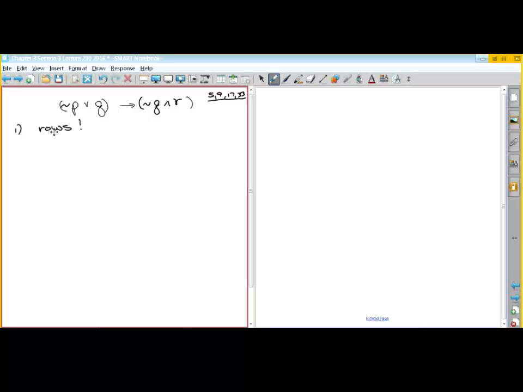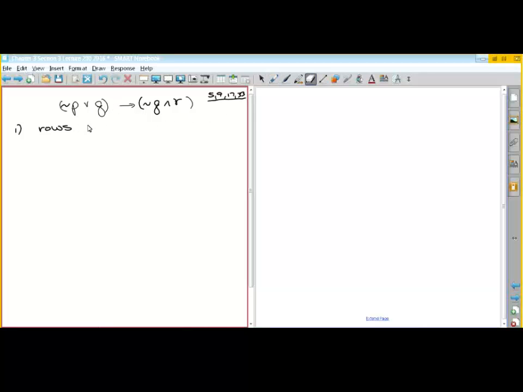Jackson. 2 to the 4th power. Well, how many variables do we have? 1, 2, 3. We don't count this twice because one's a negation, so it's only 3. So the answer is 9. It's going to be 9 rows.